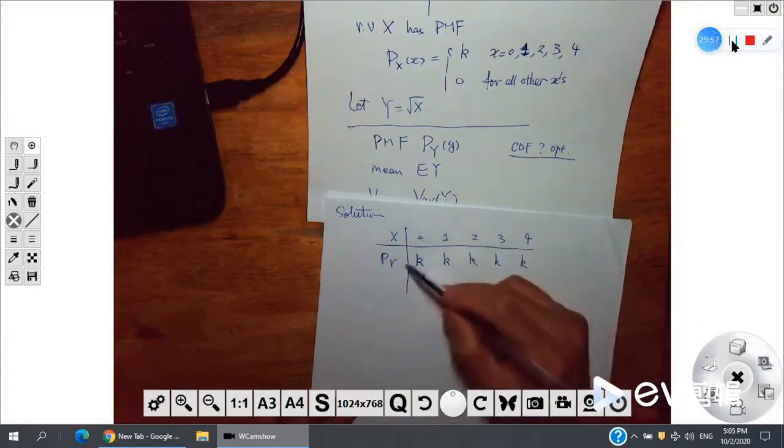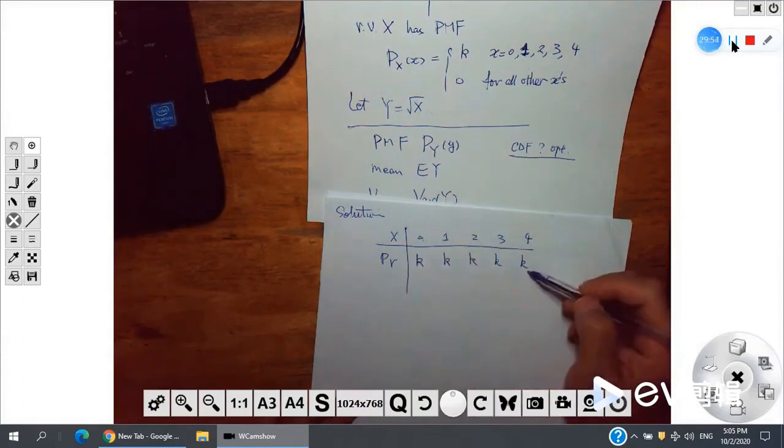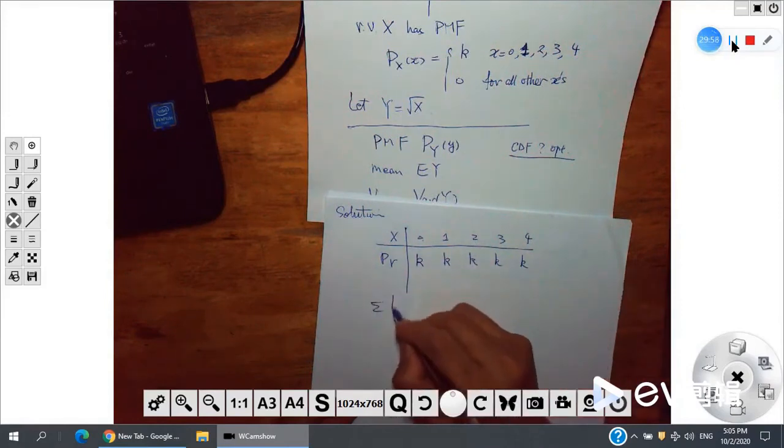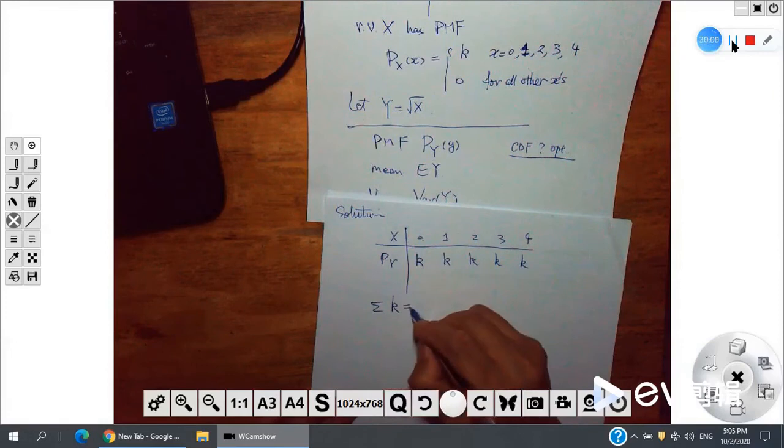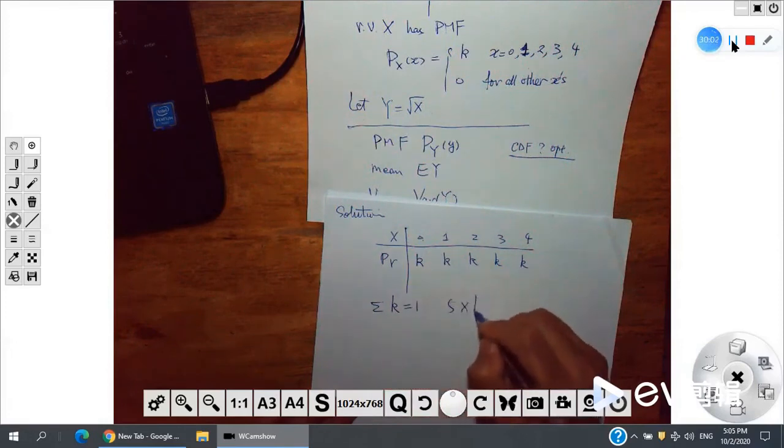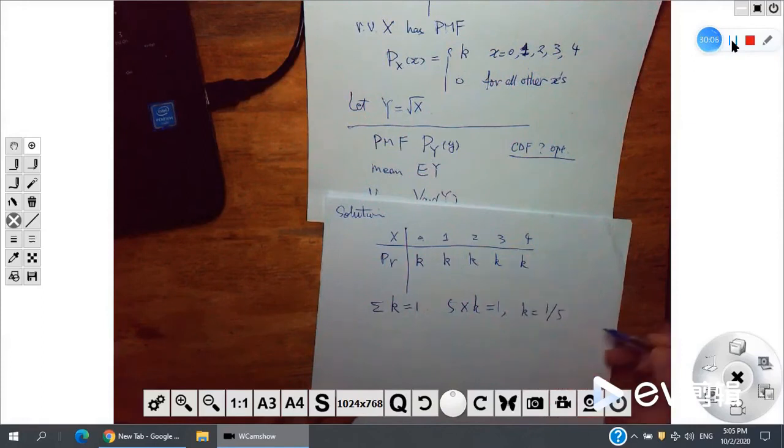So the probability of all of these should be 1. So the summation of k's should be 1. So 5 times k equals 1. So k is 1/5.